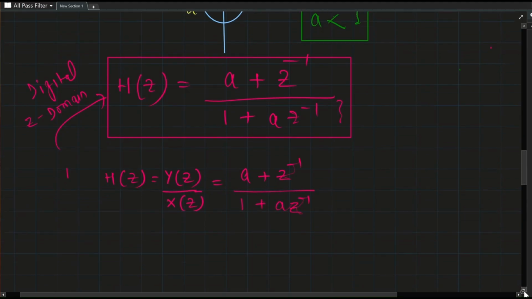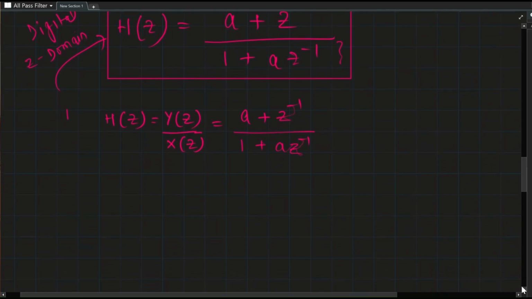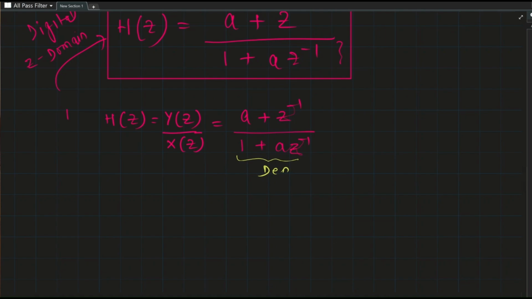Now we are going to take this denominator and multiply it with the Z transform of the output, and take this numerator and multiply it by the Z transform of the input. So this is how it's going to look.